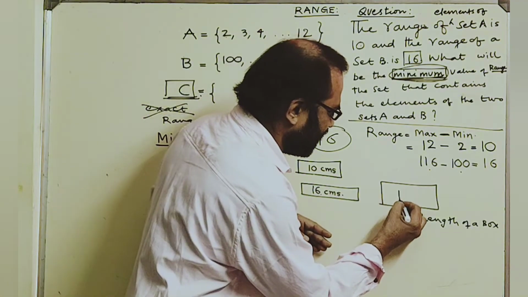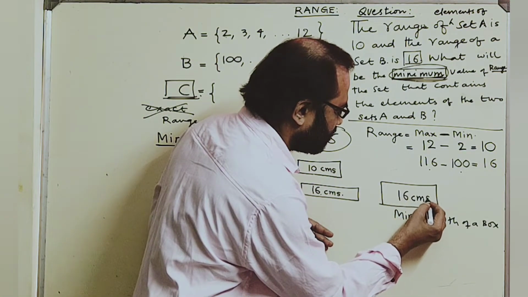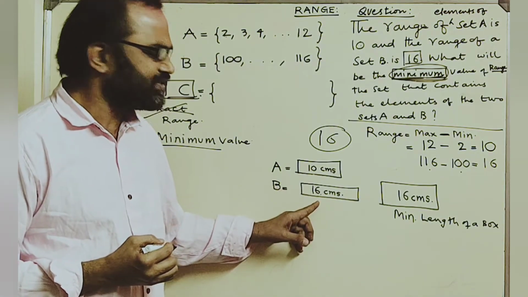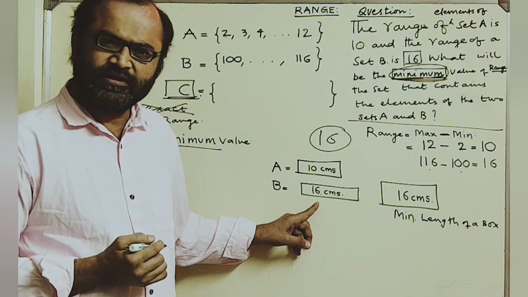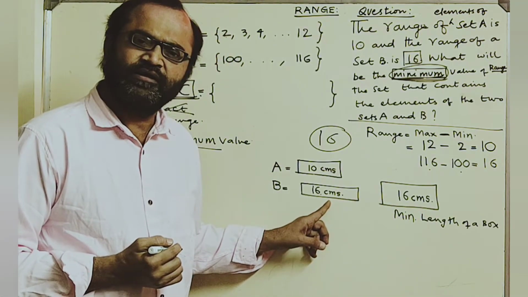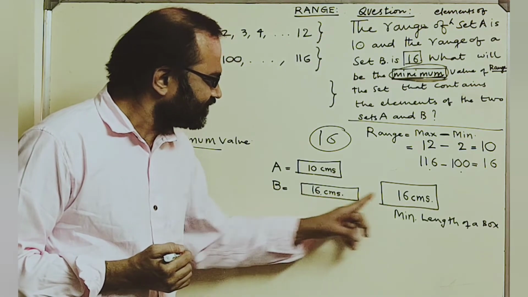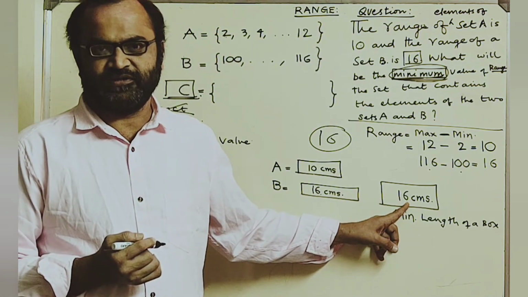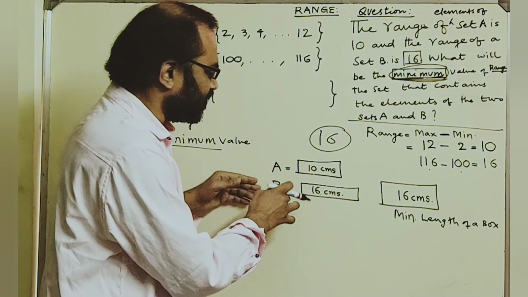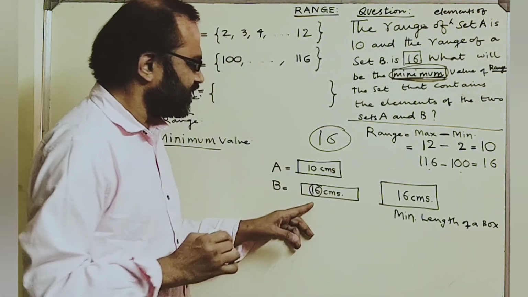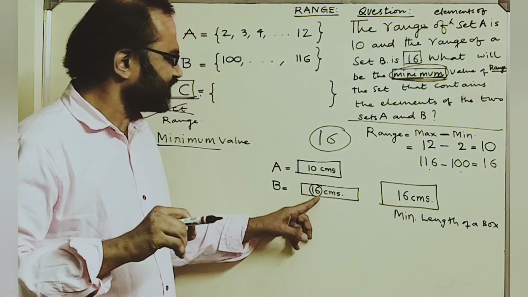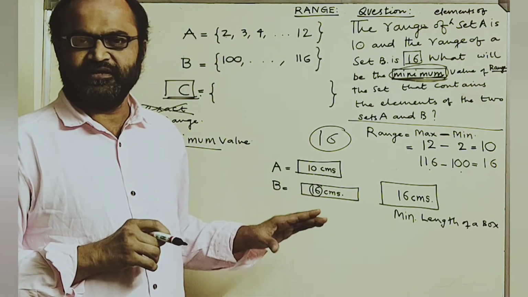Obviously, the minimum length has to go by the greater length of the two scales. The greater length of the two scales is 16 centimeters. So if the length of the box is less than 16, then the scale having greater length cannot fit into the box. So whichever scale is greater in length will determine the minimum length of the box which can contain both the scales.